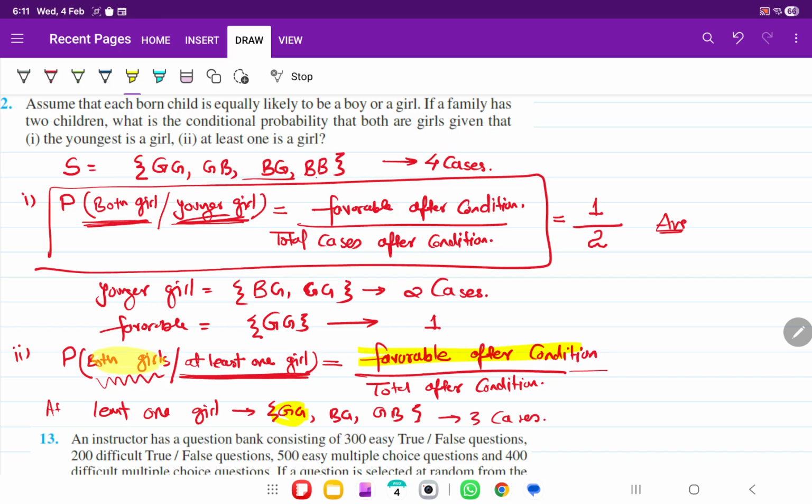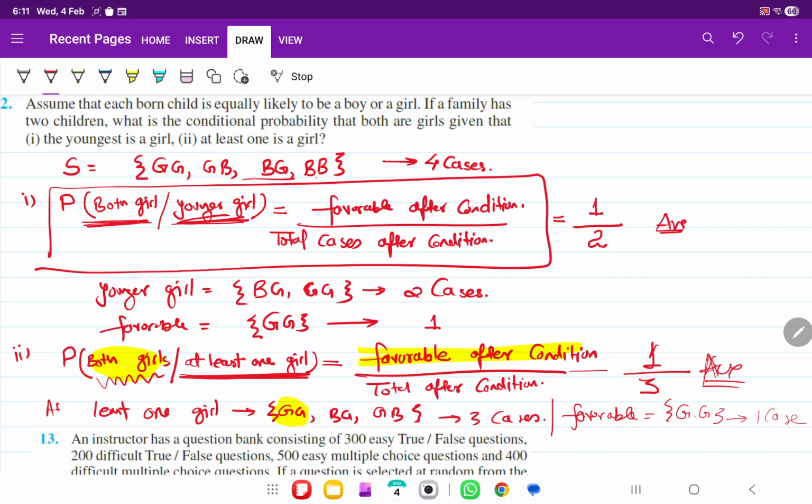Both girls. So both girls, that favorable is only G G, right? Let me write down. Favorable is which one? G G, which is 1 case. So what will be the probability? 1 by 3. Okay, out of 3 only 1 is favorable.